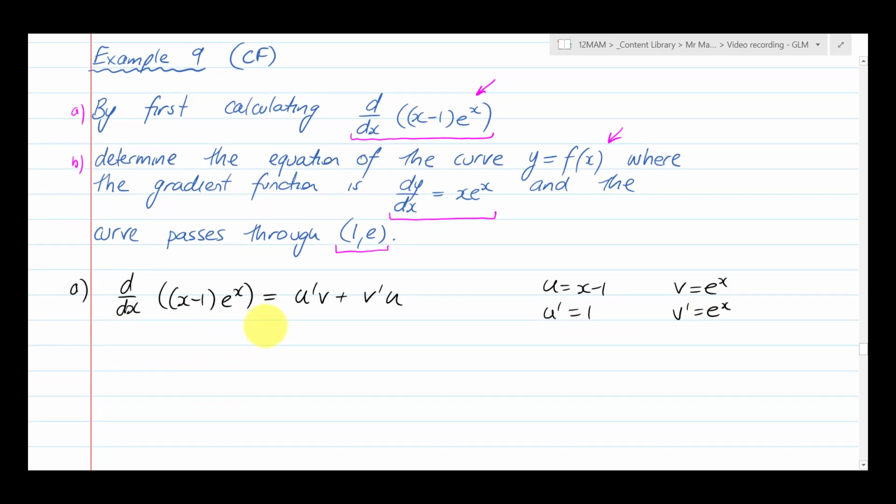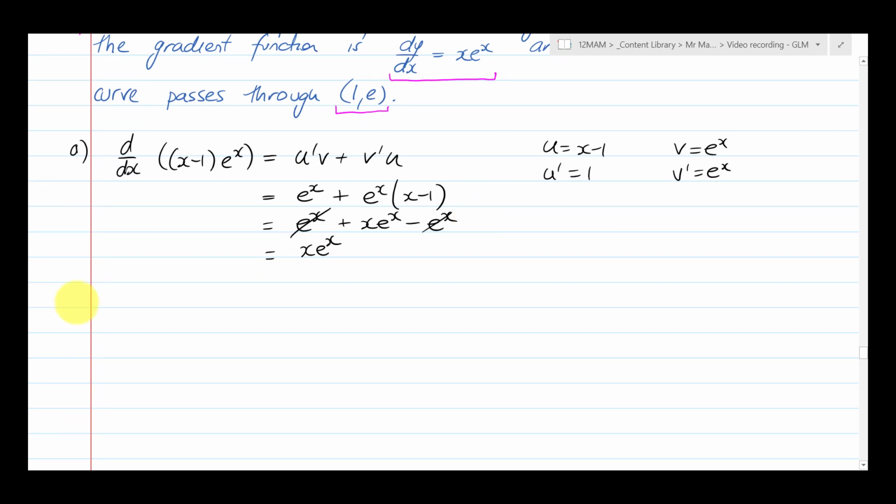Of course this means that u'v is just e to the x, and v'u is e to the x times (x minus 1). When I expand this, I get e to the x plus x e to the x minus e to the x, and they cancel out, which just gives me x e to the x. So that's worked out quite nicely for me.